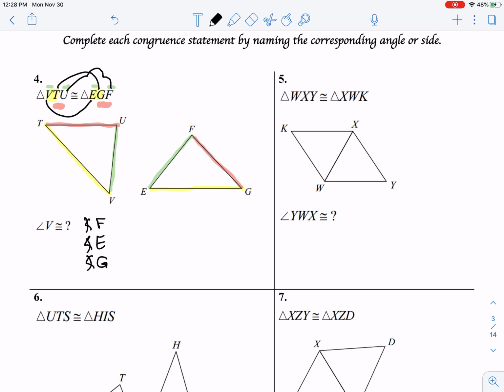So V is first, it must go with the first letter in the other one, which is E. Okay, so that makes it kind of easier in a sense. So angle V is congruent to angle E, right? Here's your 3 answer choices. Answer choice 4 is going to say no congruent angles, and we know that's wrong because we know triangles are congruent by what we're given.